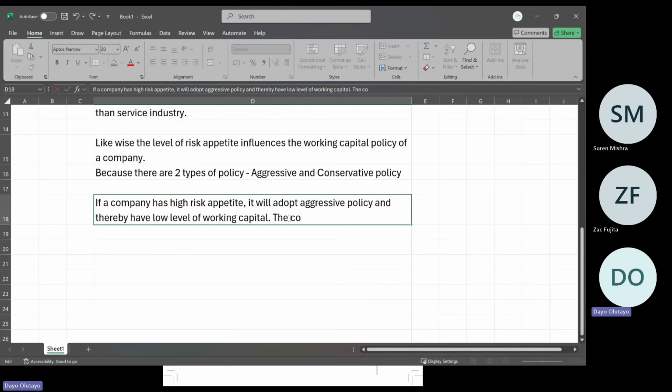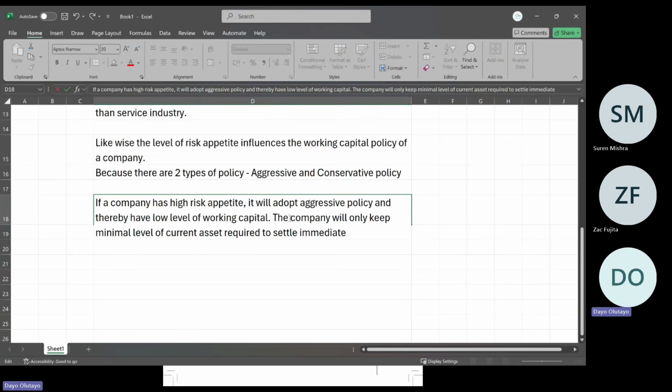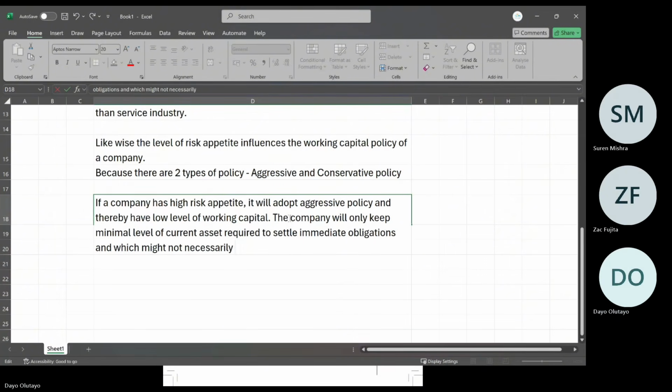The company will only keep minimal level of current assets required to settle immediate obligations, and which might not necessarily be enough.